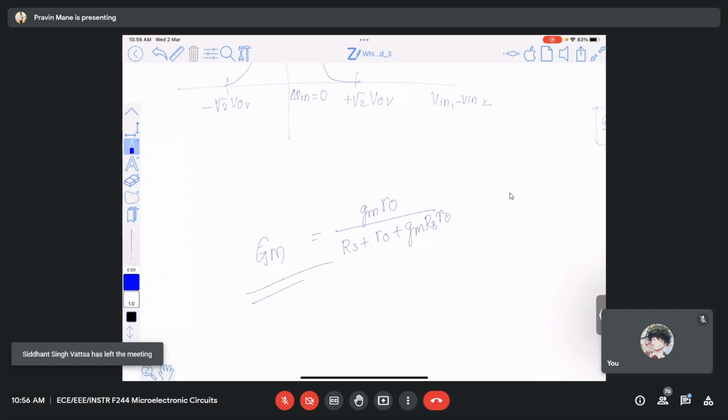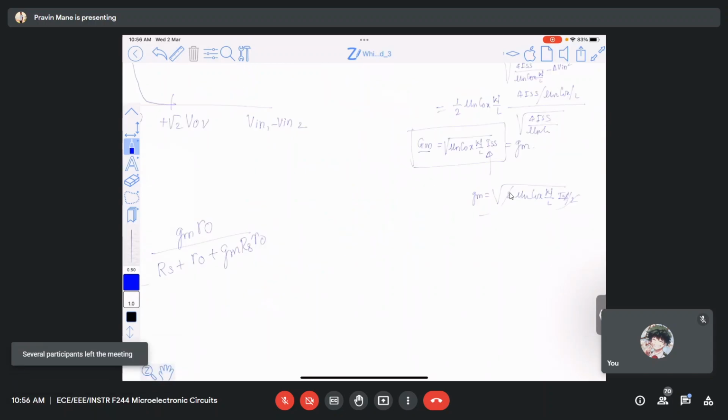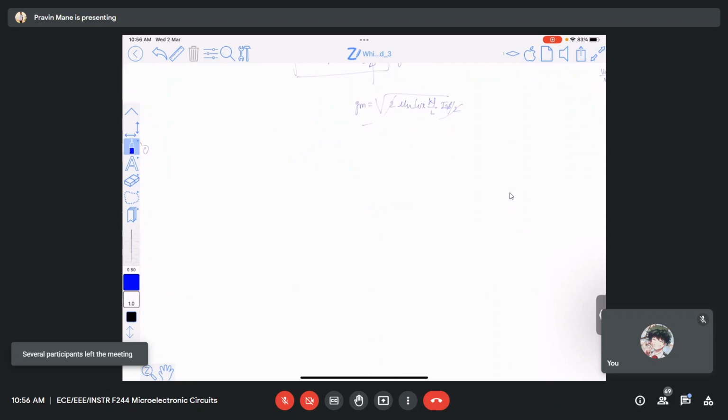Any other question? Sir, could you briefly explain how to find the resistance at the output? So see, these are configurations, something like this. This is Vin, this is RS, this is RD.